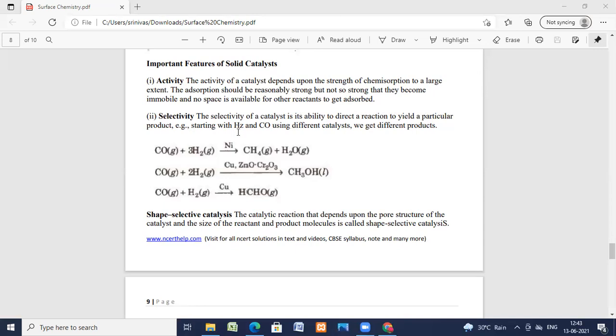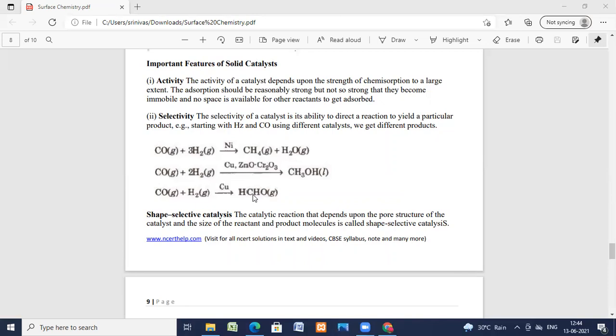For example, starting with hydrogen and CO, using different catalysts we get different products. CO and hydrogen gas in presence of nickel gives methane and water. Carbon monoxide and H2 gas in presence of copper, zinc, chromic oxide gives methanol. Carbon monoxide and hydrogen gas gives formaldehyde. What you have to observe is that the reactants are the same, and depending on the catalyst, different products are formed.